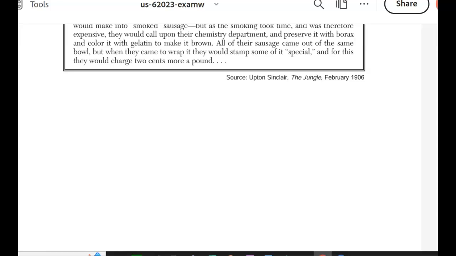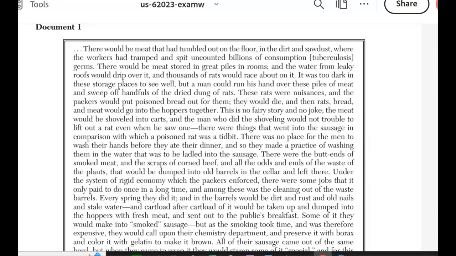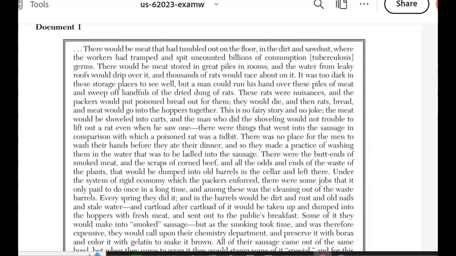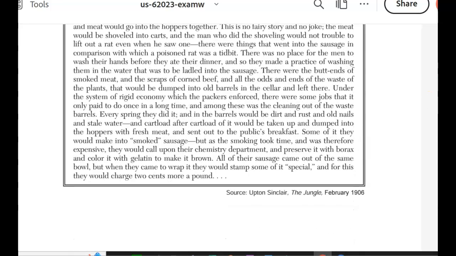Now, what's the relationship between these two? The easiest one is cause and effect. Upton Sinclair's book was so popular and so famous, it caused a public outrage in March, April, May of 1906, demanding government action.